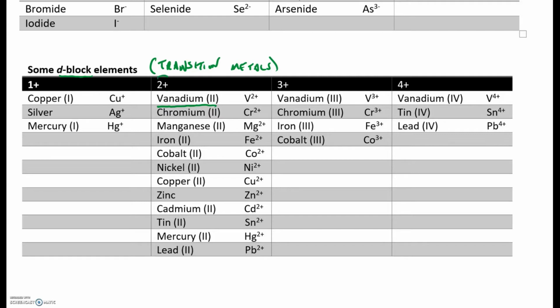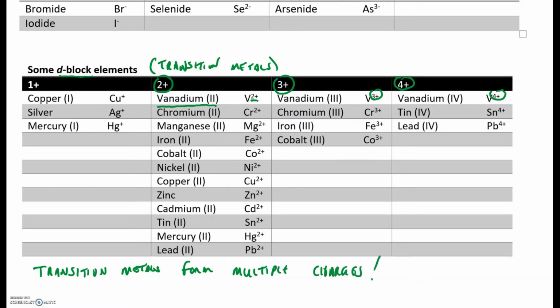It exists here in this column, 2+. It also exists in this column here, forming a charge of 3+, and here, forming a charge of 4+. And that is the key for transition metals. And let's keep that in mind, that transition metals can form multiple charges. And it's worth mentioning that these are only some, not all. So by no means is this a comprehensive list.